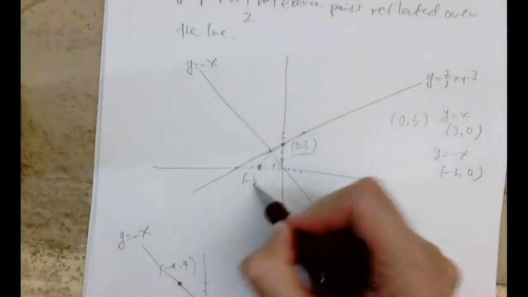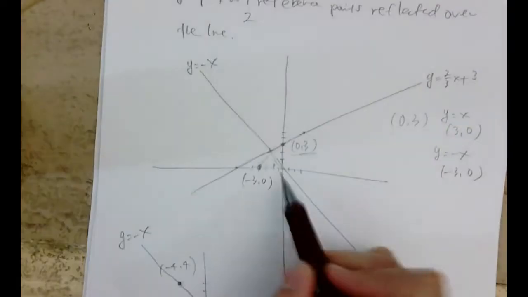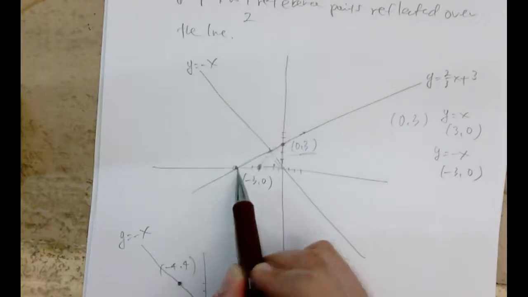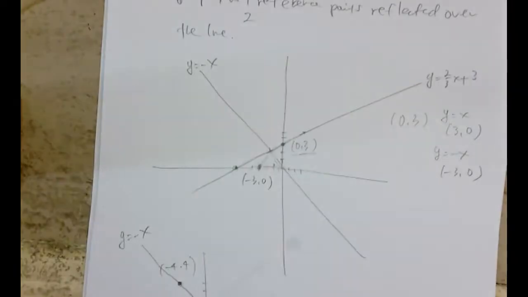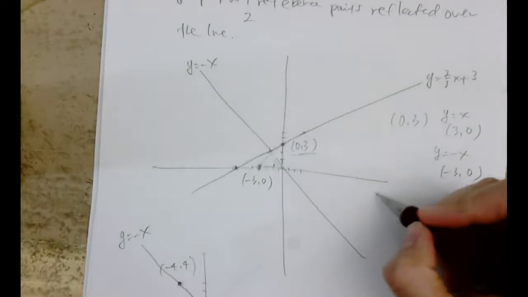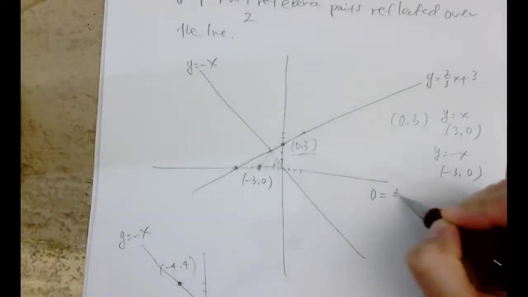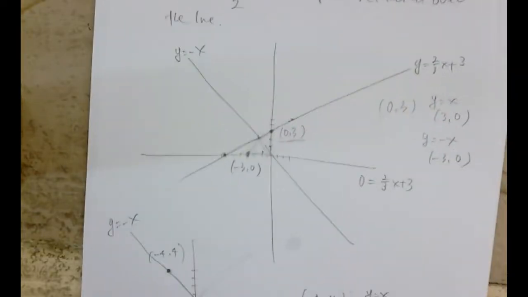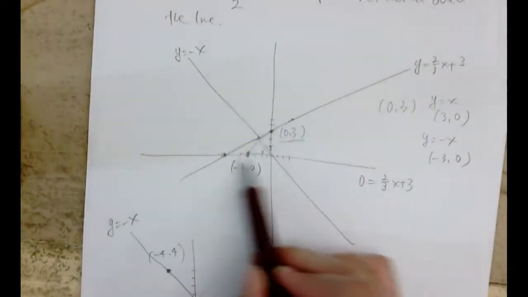Okay, so we got this point, -3, 0 now, right? And now we're going to get the x-intercept of the original line, and then reflect that over y equal -x, okay? So that means you have to set 0 equal to 2/3 x plus 3, right? X-intercept means y is 0.